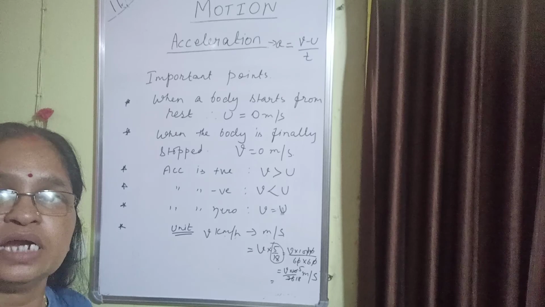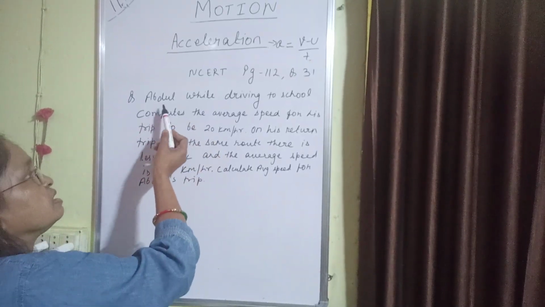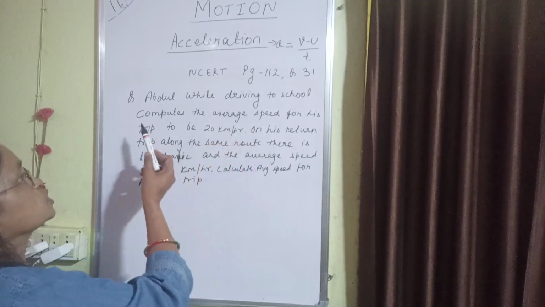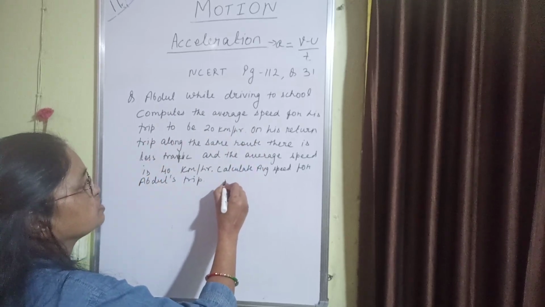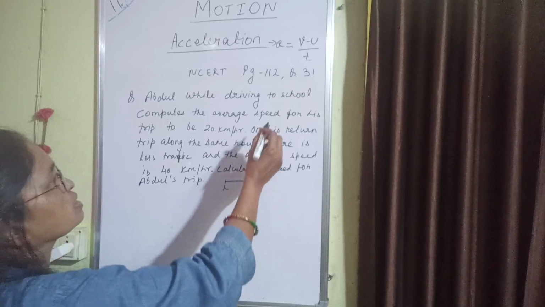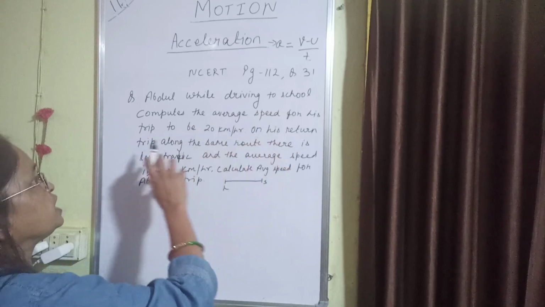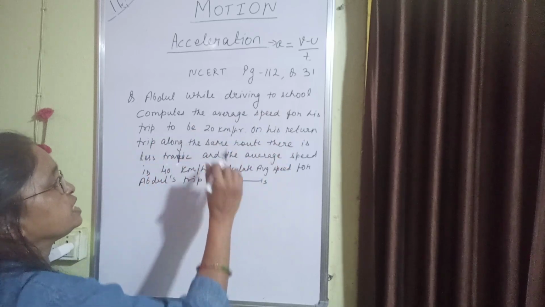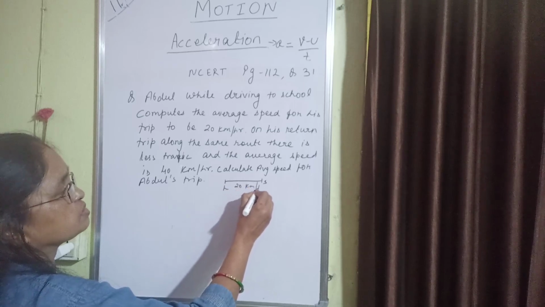Now we will start the numerical. Question: Abdul is driving from home to school. He computes the average speed of his trip to be 20 km per hour.